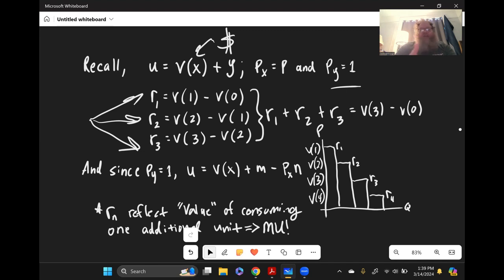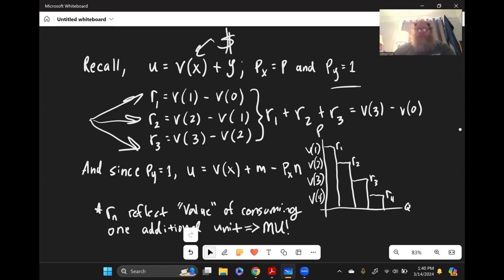So in this particular case, the reservation price for X is simply going to be the change in value that I experience when I increase my consumption of X. So when I go from 0 units of X to 1 unit of X, that generates a reservation price R1. Then when I go from 1 unit of X to 2 units of X, that generates a reservation price of R2, and so on and so forth.